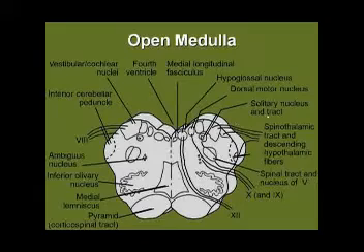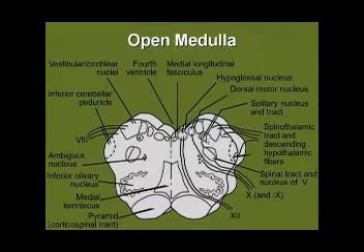Then, two named nuclei whose names do not give you a clue as to what they do. One of them is the solitary nucleus, illustrated up here in the lateral part of the open medulla section. The solitary nucleus is purely sensory and is responding to various visceral sensations, all of the visceral sensations associated with taste, carried into it by cranial nerves 7 and 9.